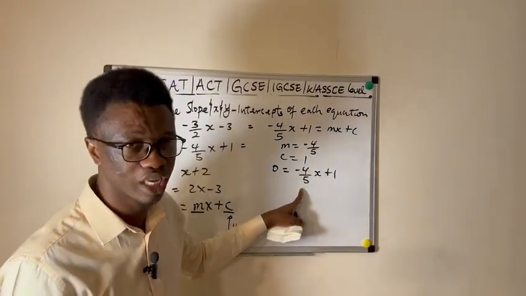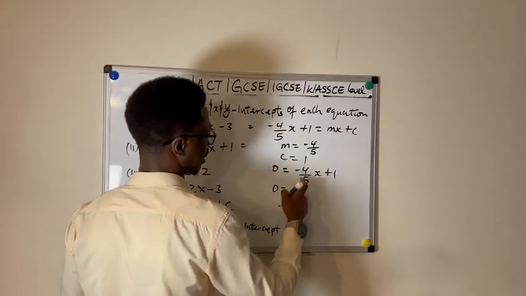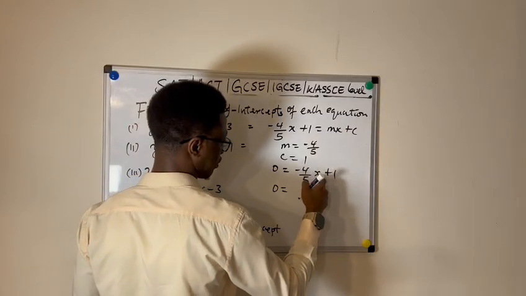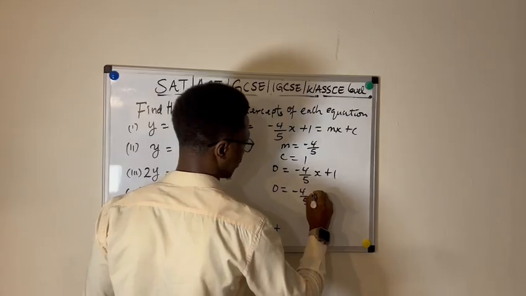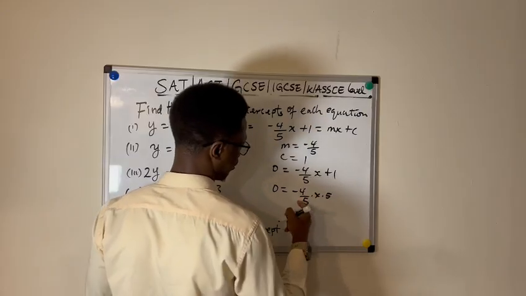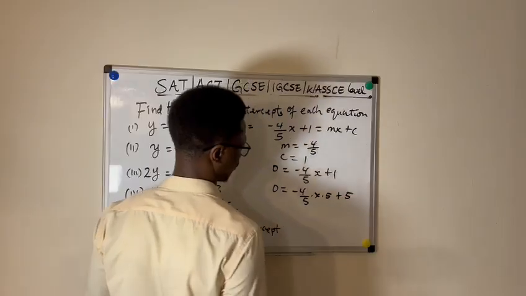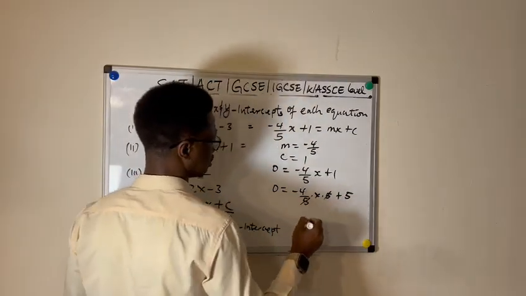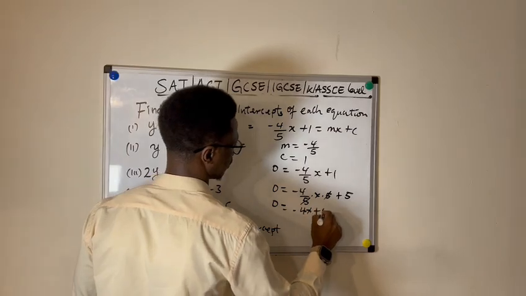Do the same thing. The denominator here is 5, so multiply throughout by 5. So this becomes 0 if you multiply it by 5. Minus 4 over 5 multiplied by x, then multiplied by the 5 you have to multiply throughout. Then this 1 multiplied by 5 gives you just 5, right? This and this cancel. So you are left with 0 equals minus 4x plus 5.